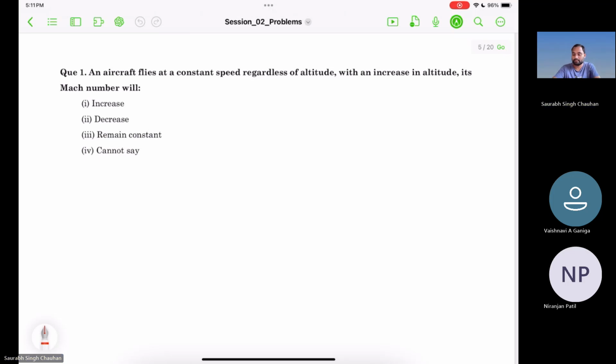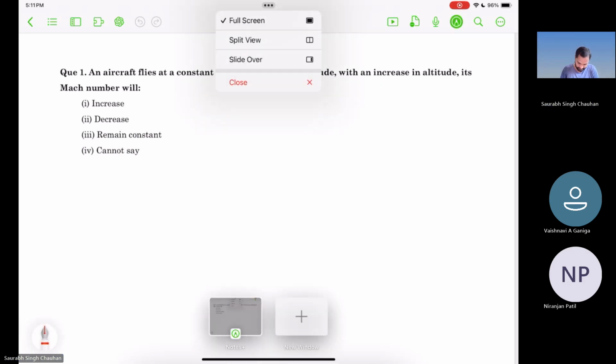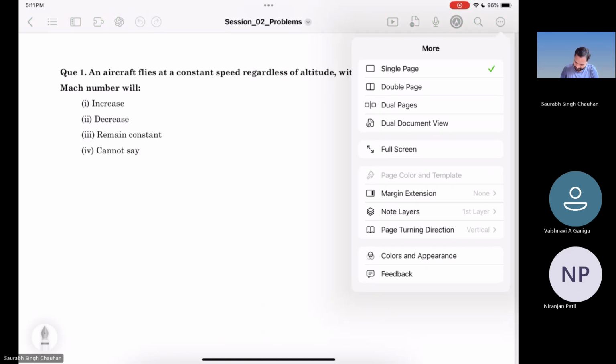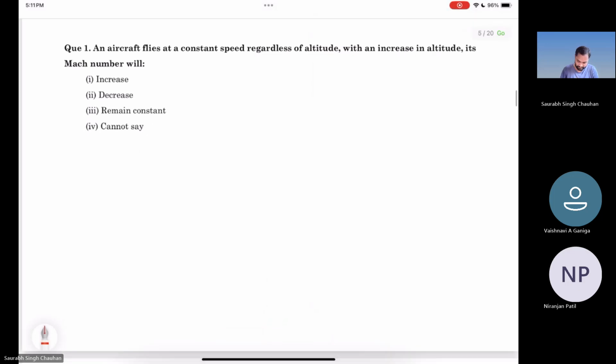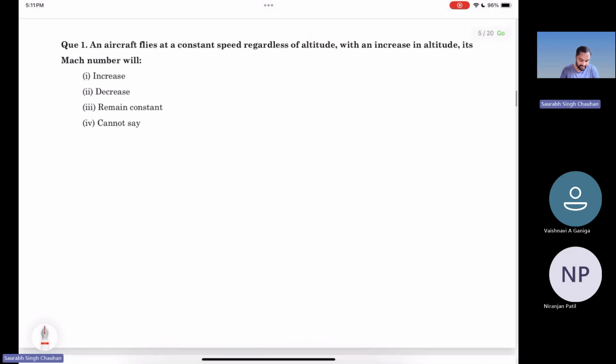So we will begin our session with question number 1. Here is our first question. An aircraft flies at a constant speed regardless of altitude.